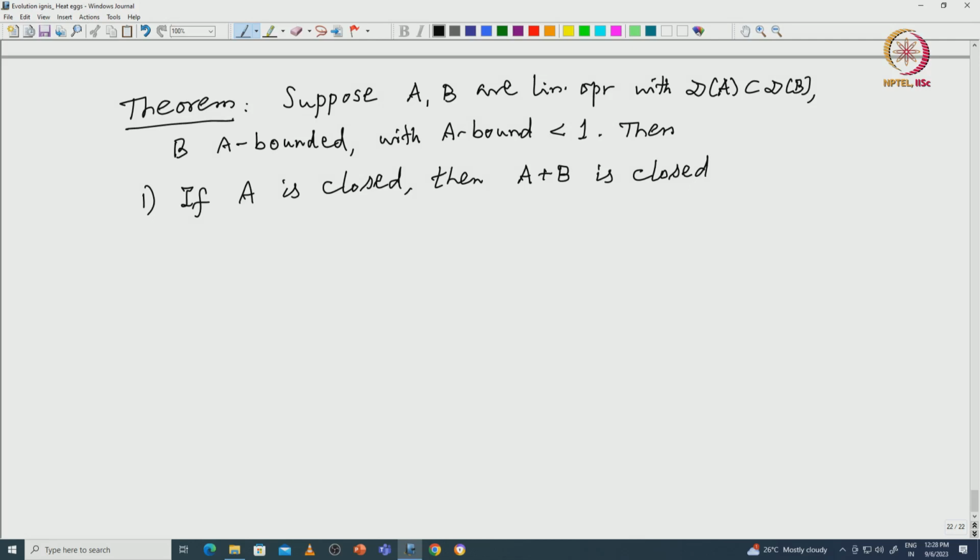So, that's the first one, and the next one: assume A is self adjoint and B symmetric. Okay. So, with these two additional assumptions, A plus B is also self adjoint.